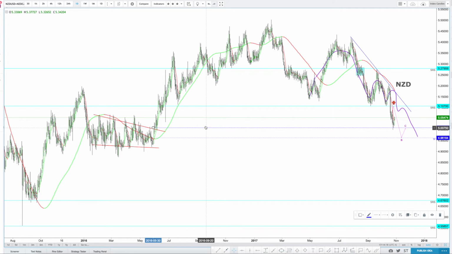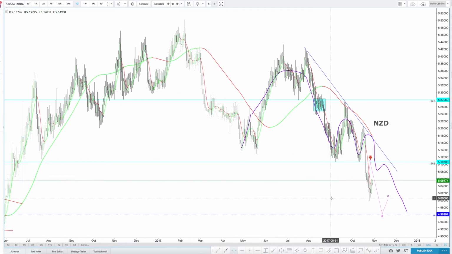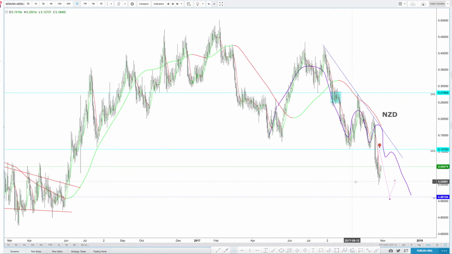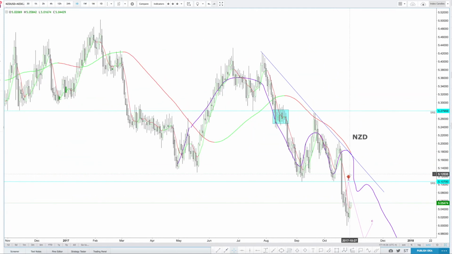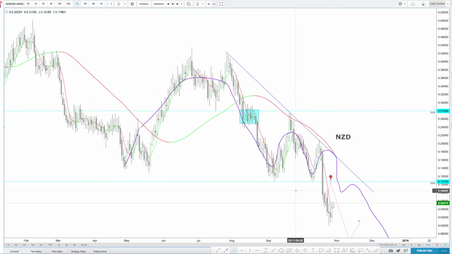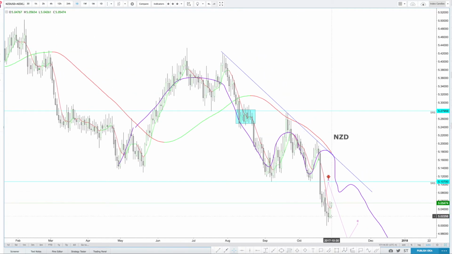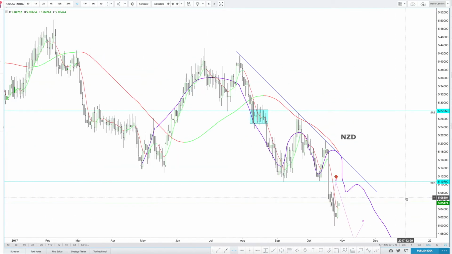It found support here, New Zealand dollar, and now it's trying to bounce. I'm long New Zealand US dollar, so I'm looking to short the neckline. I'll be bearish on New Zealand, so I'm going to write down New Zealand down.